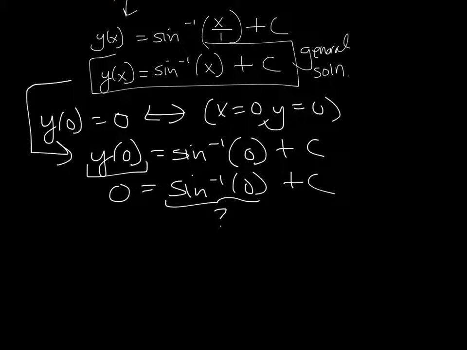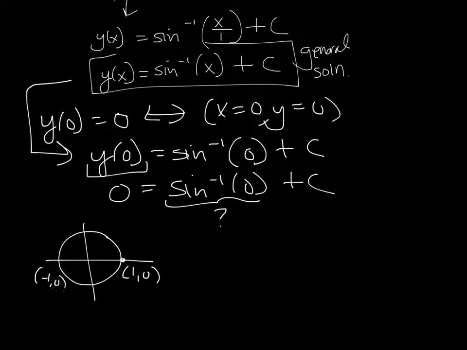That's just 0, because this is asking what angle has a sine of 0. If we look at the unit circle, there's your angle 0, that's the point (1, 0), and (negative 1, 0), and the sine is 0. The sine is the y coordinate at, I guess you could say, 0 degrees or pi.